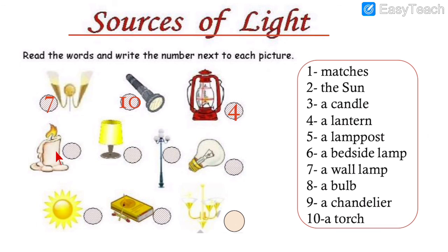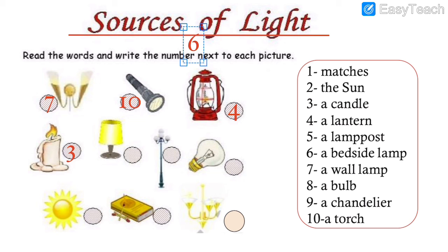Then what is this? It is a candle. It is the image of a candle. So there, what do we write? Number 3. As a candle is given number 3. Next, identify this. What image is this? It is a beside lamp which we keep beside our bed. That is number 6.